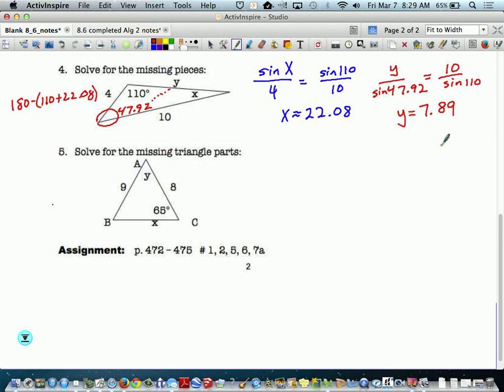7.89. So in that particular example, we've done a law of sines to find an angle. We've done law of sines to find the side. Number 5. What do we find first? I don't know.